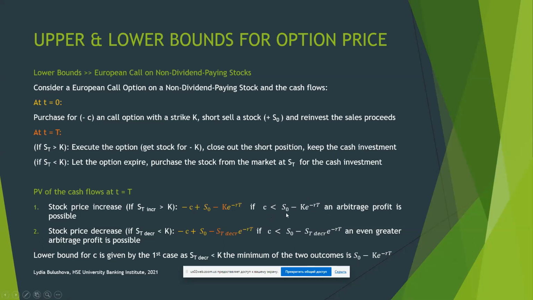So I can just make this combo, like short sell a stock, then execute, then sell this stock for K, and I will just generate profit for nothing. I will be selling the stock to the options holder.